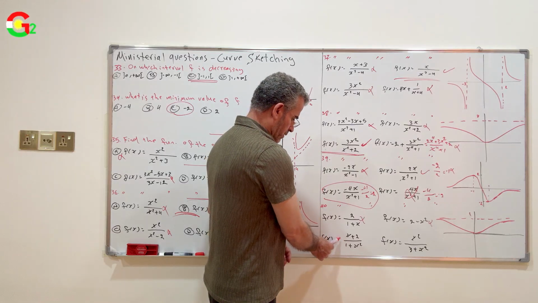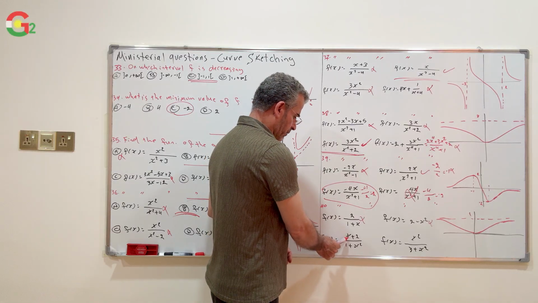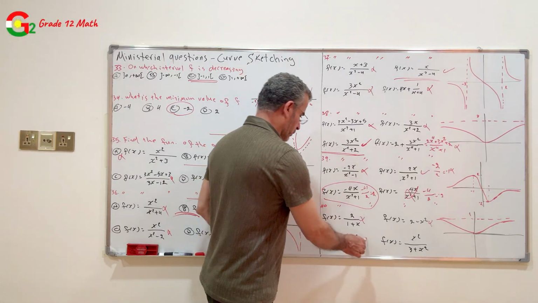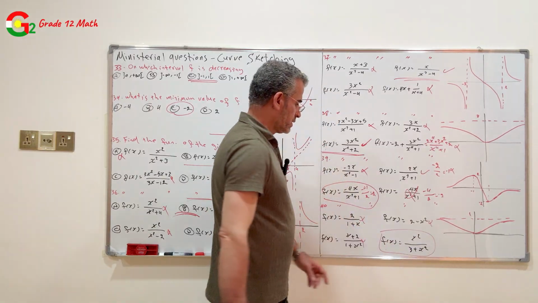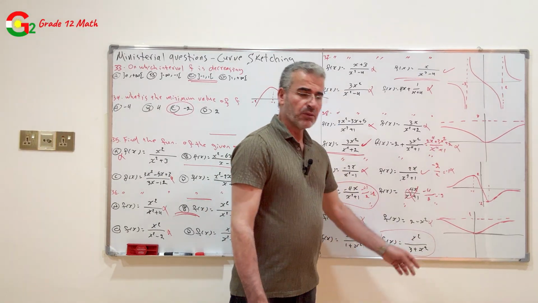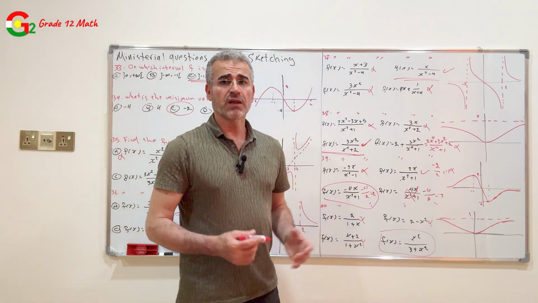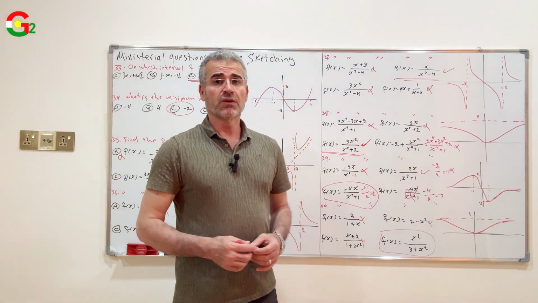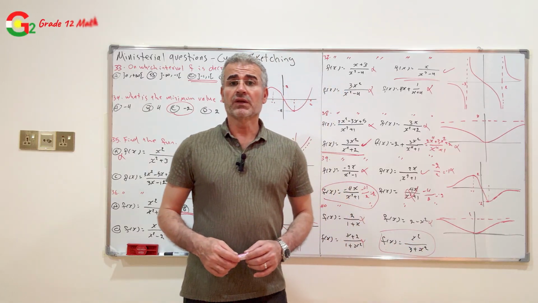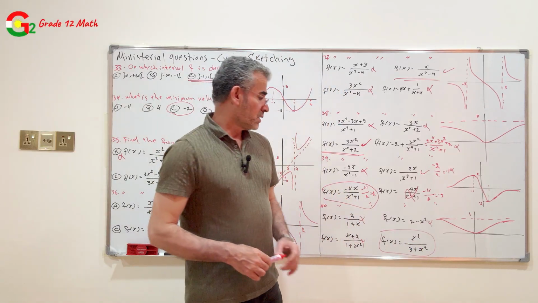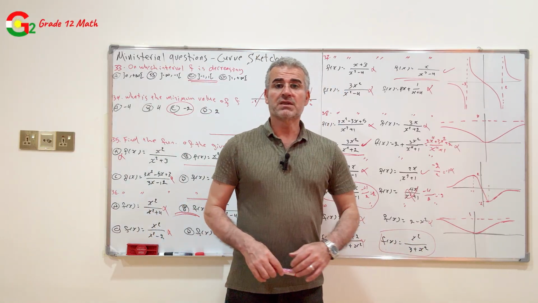Choice C, the degree of the numerator 1, the degree of the denominator 2, it is wrong. Choice D is the right choice since the degree of the numerator and denominator are equal, and the coefficient of the leading term in the numerator equals the coefficient of the leading term in the denominator. Therefore, the right choice is D.